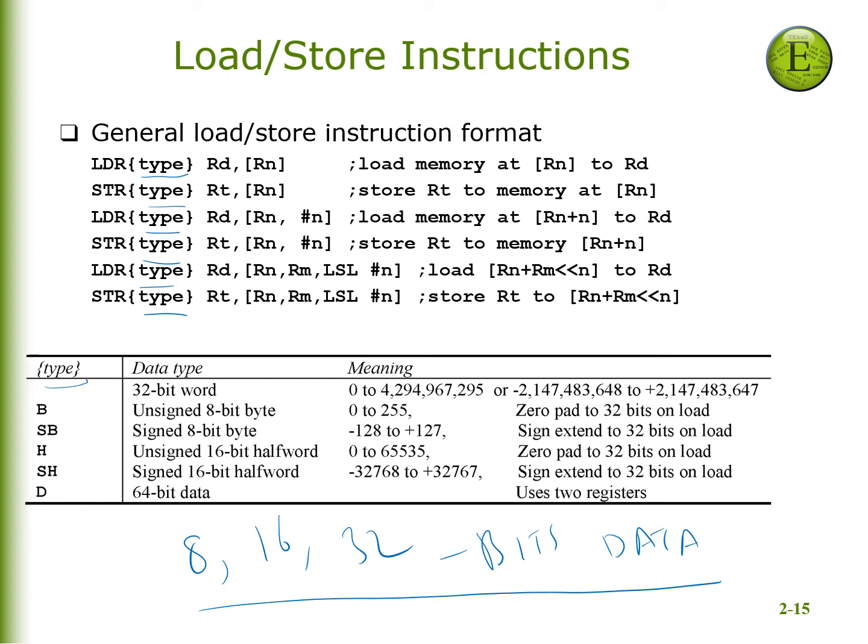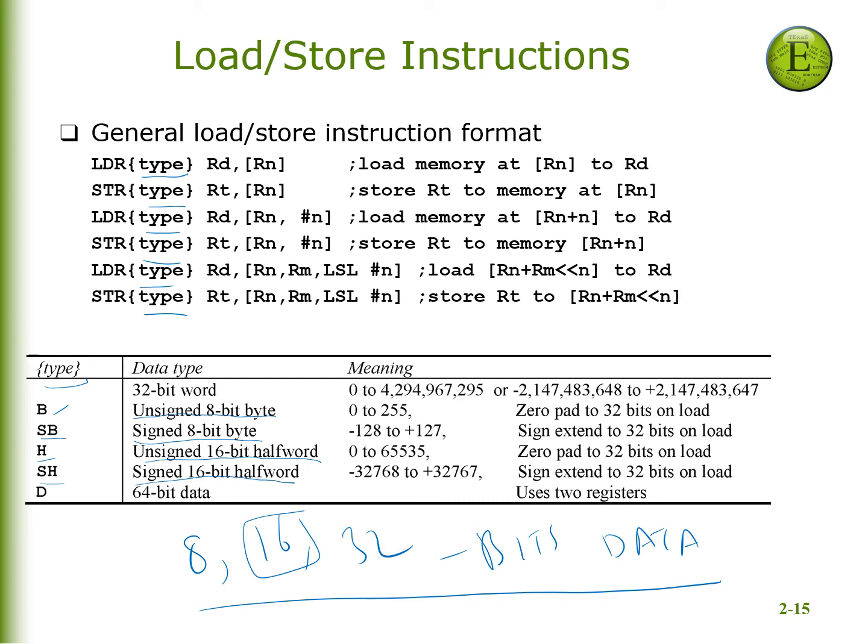If the type is B, it means that we're going to load and store unsigned 8 bits. If the type is SB, we're going to load and store signed 8 bits. H means unsigned 16-bit halfword, so here we're talking about 16 bits. And SH means signed 16-bit halfword.